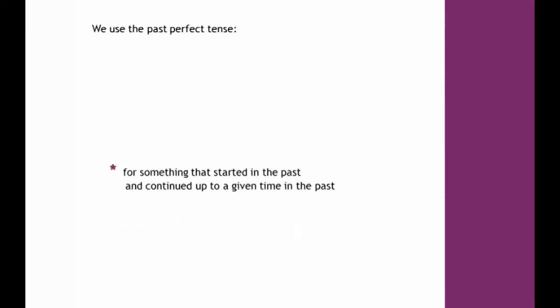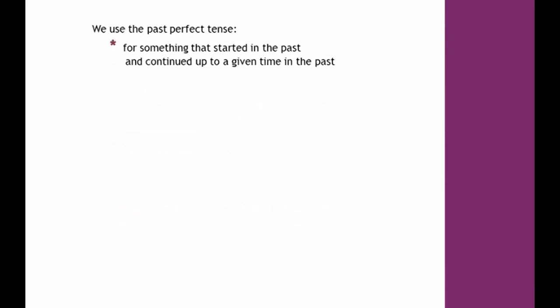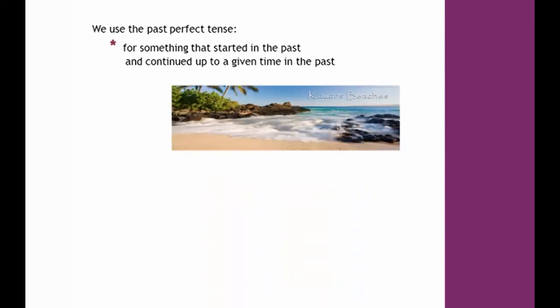What are the usages of the past perfect tense? First, it is used for something that started in the past and continued up to a given time in the past. Example: I had never seen such a beautiful beach before I went to Kauai.